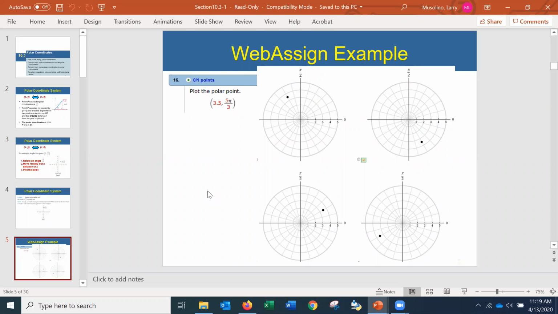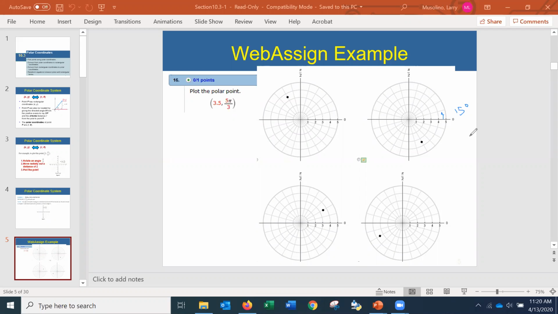When you want to graph a point on this polar grid, what you have to keep in mind is this is a new kind of graph paper. Each one of these wedges or these sectors is 15 degrees.